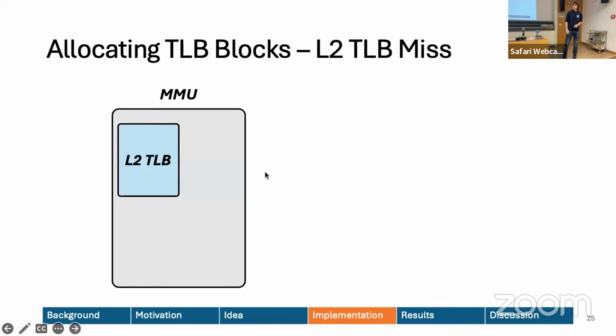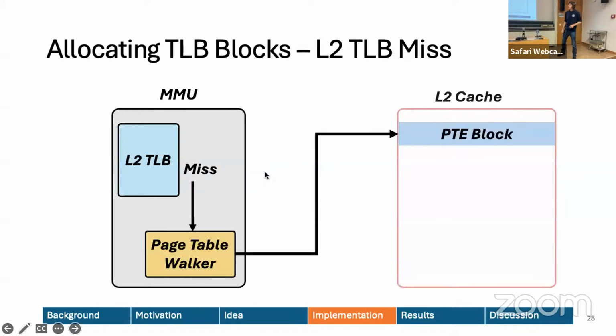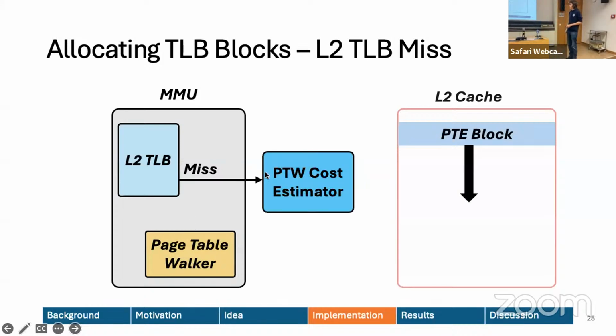So again, MMU, L2 TLB here. There's a miss happening during address translation. We ask the page table walker to look for the entry, which happens asynchronously. And we also ask the PTW cost estimator, is this a worthy entry to store?